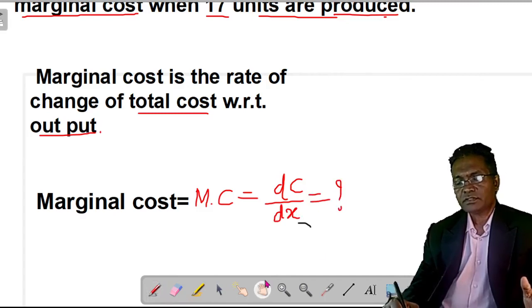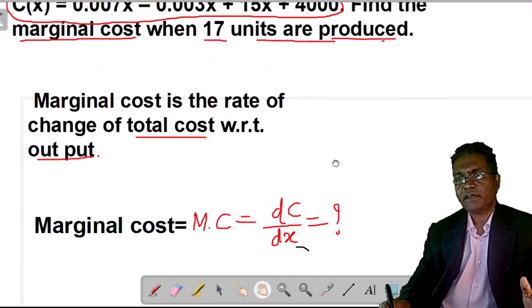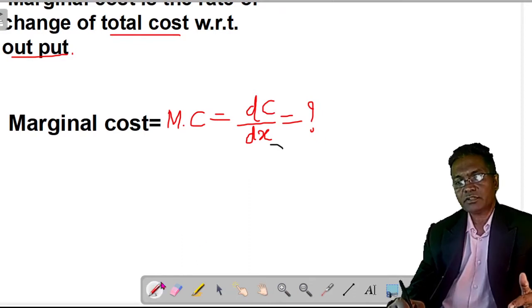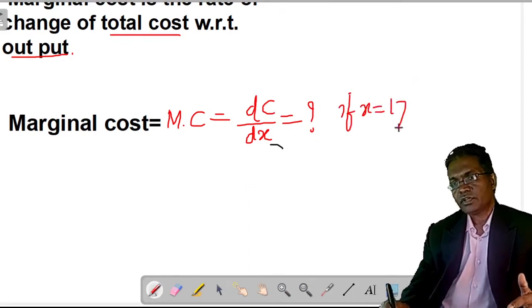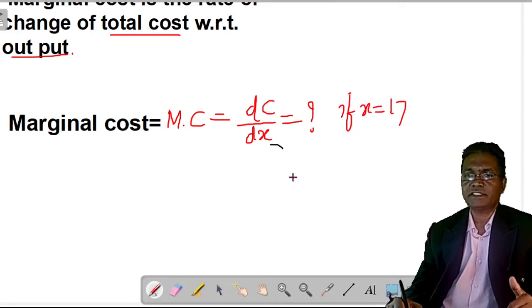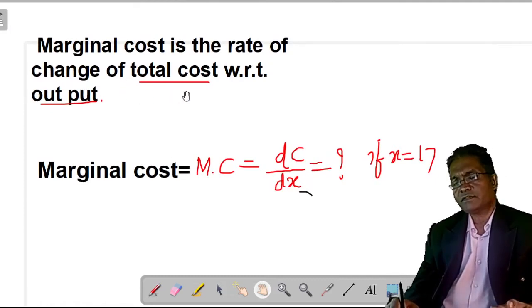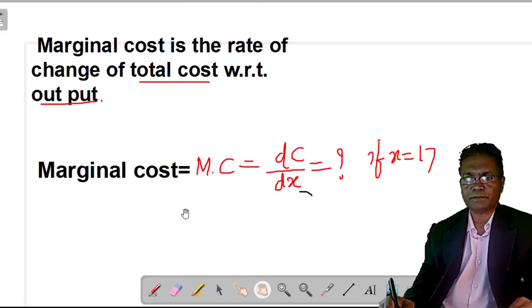You are asked dC by dx when 17 units are produced, means if x is equal to 17. So just remember, marginal cost is the rate of change of total cost with respect to output.